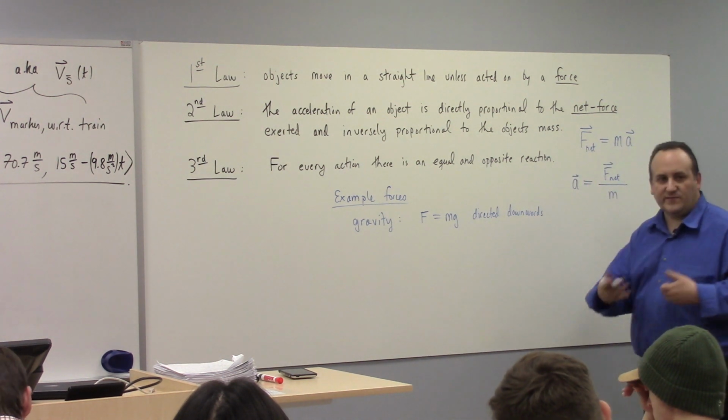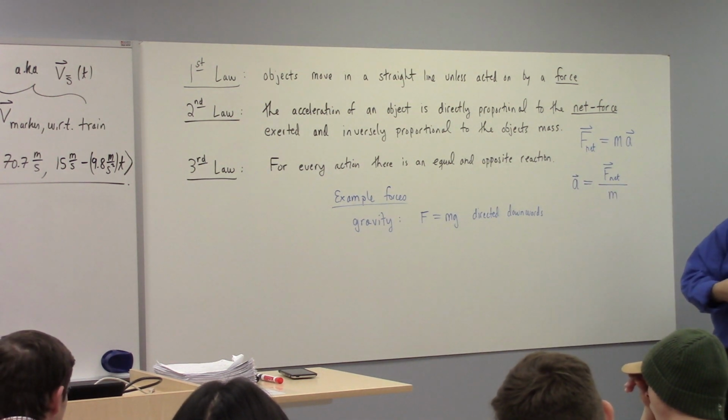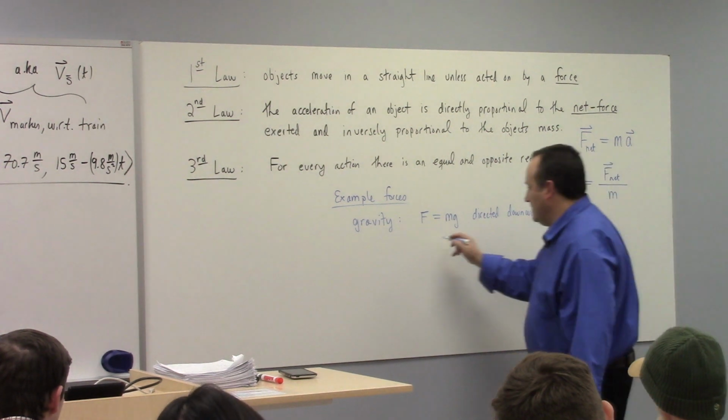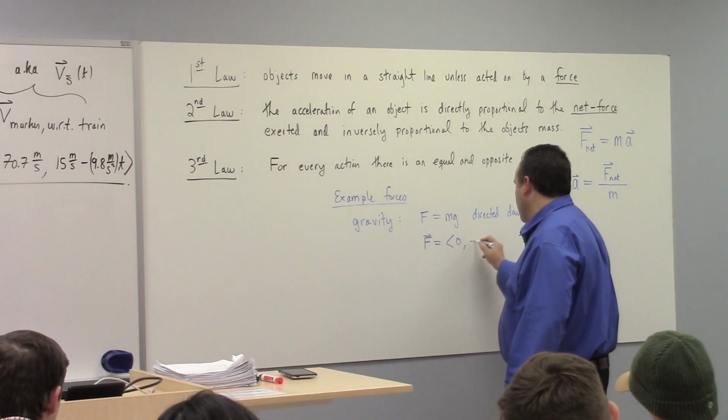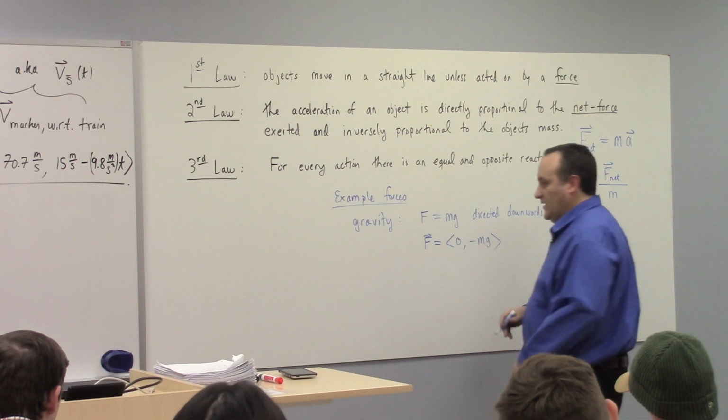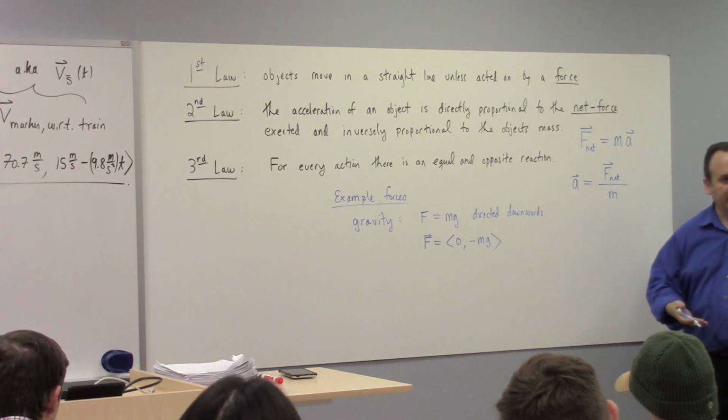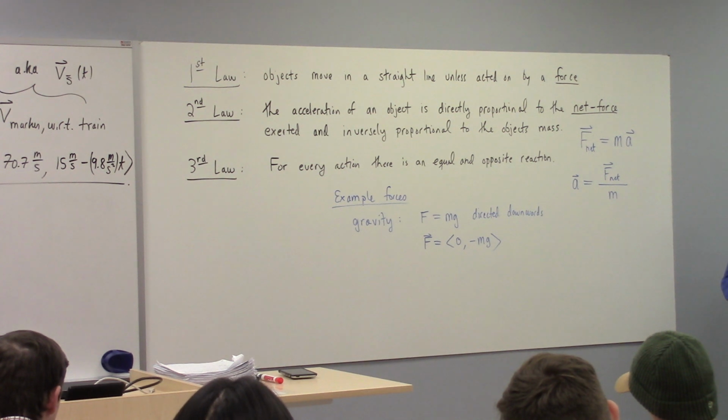So if we're working in the xy coordinate system like we were doing projectile motion, we'd have, for example, 0 minus mg, in the xy coordinate projectile system discussion we were having, right?